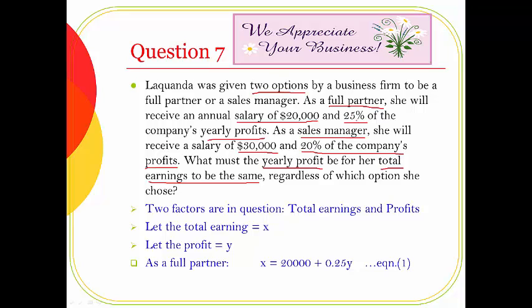Of means times of y. And then, as a sales manager, her salary will be $30,000 plus 20% of y, 0.20 of y. So those are your two equations. Comprendez? Comprenez-vous?